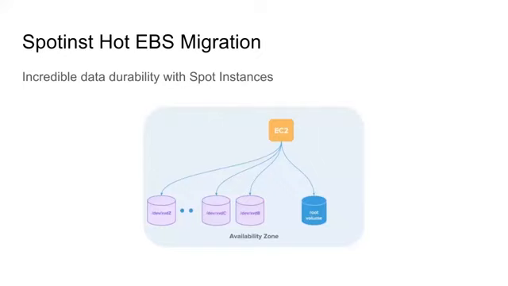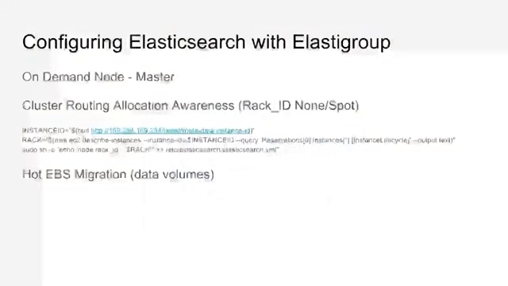And then also we have other functionality that allows you to automatically take AMI snapshots of your EBS volumes as well. So let's talk about this configuration that I have here. In this particular case, I have 4 nodes running. One of those is a master, and I have that configured as an on-demand node.